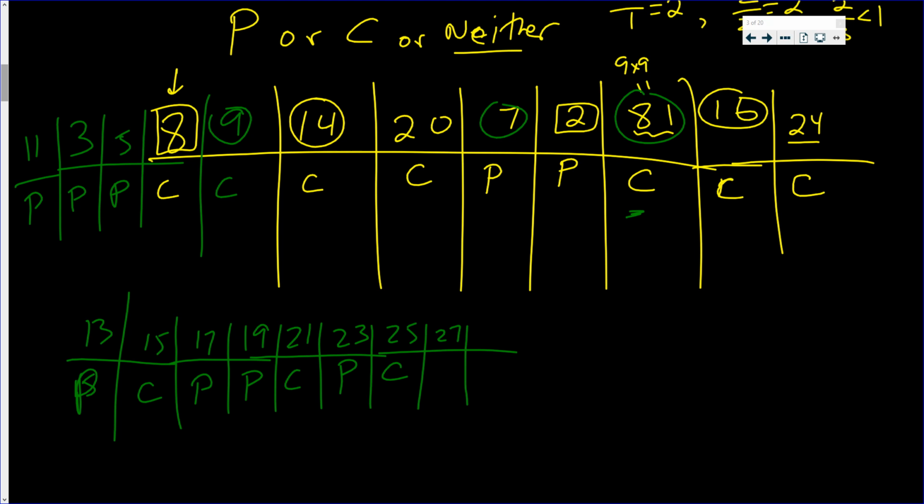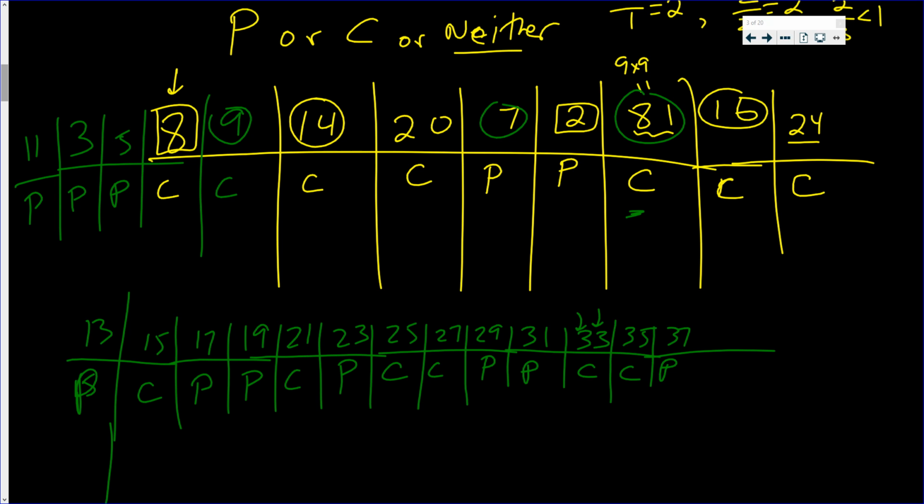After all, it's 9 times 3. 29 is prime. 31 is prime. 33, well, clearly 3 goes into it evenly, so it's composite. 35, 5 and 7 go into it. 37, it's prime.